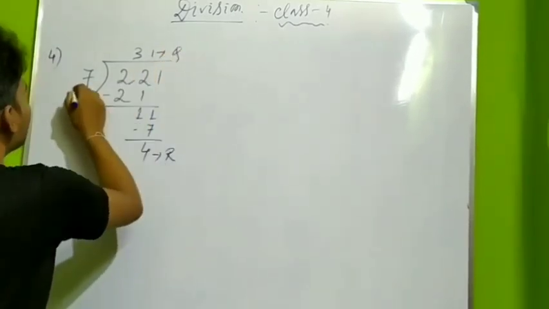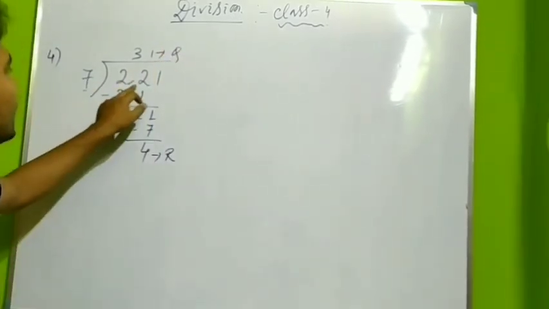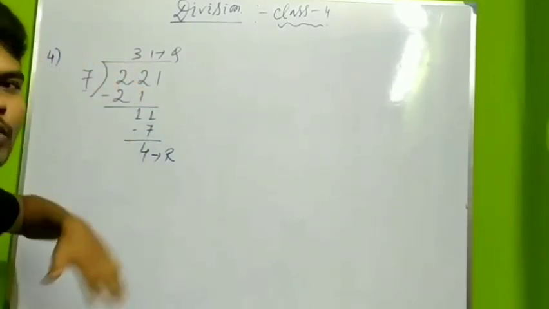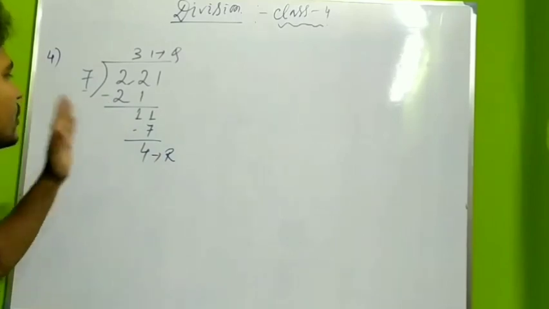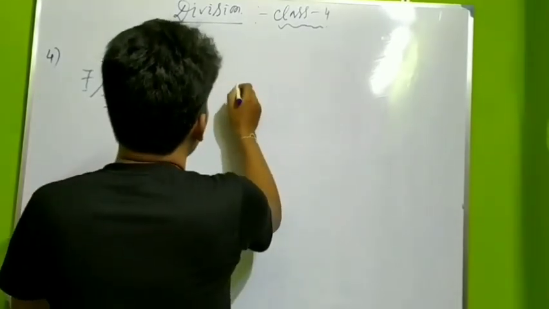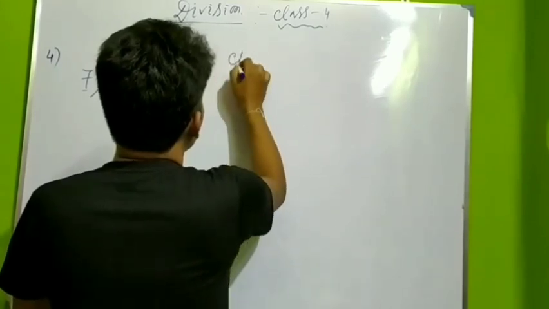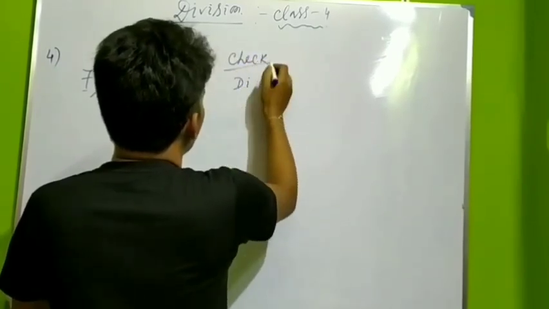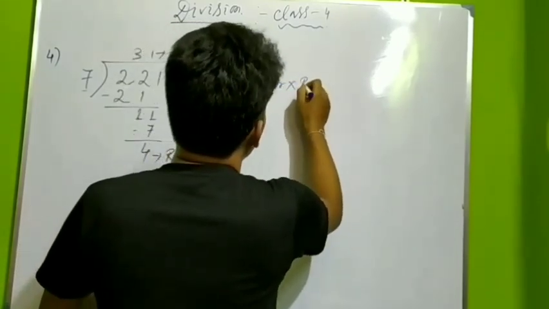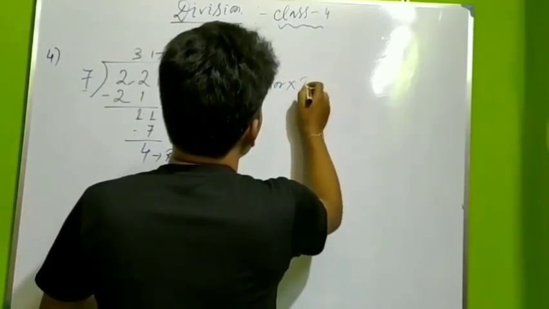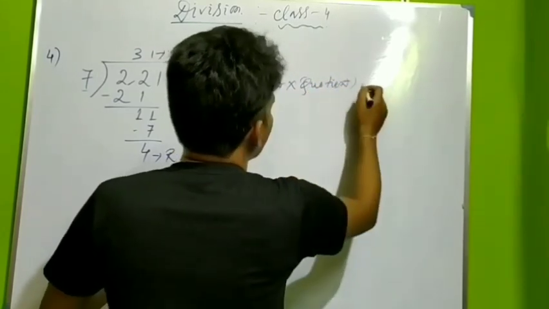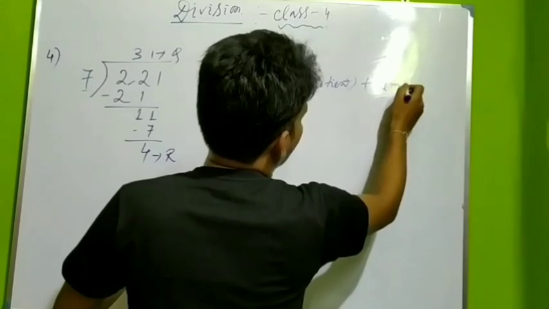31 is the quotient, 7 is the divisor, 221 is the dividend. Now if we want to check whether this division is also correct, then we apply the same formula. Write down here, Check, underline it: divisor multiplied by quotient, then plus remainder.